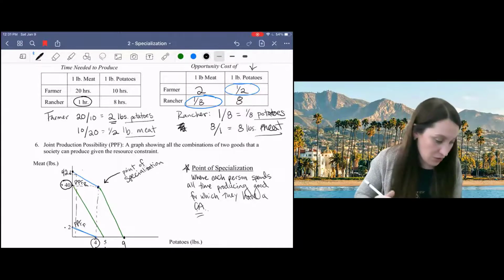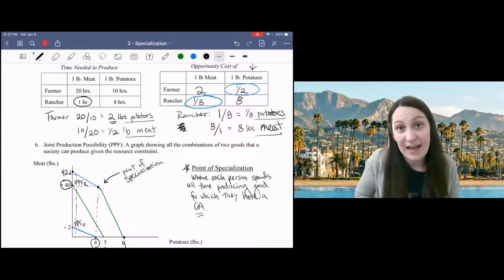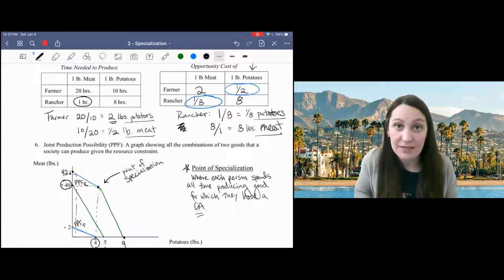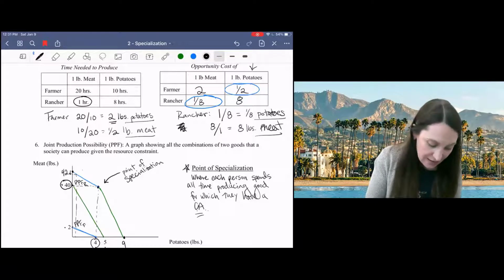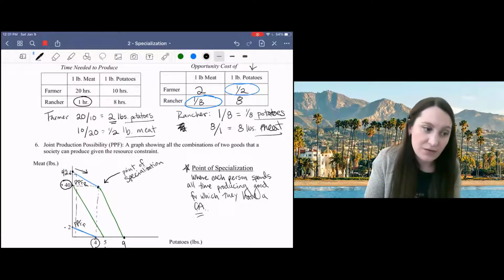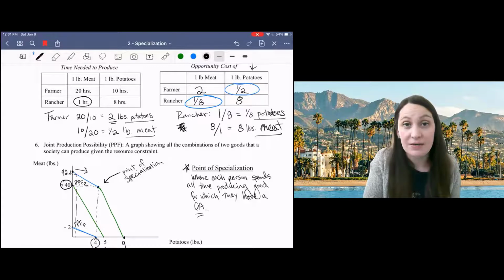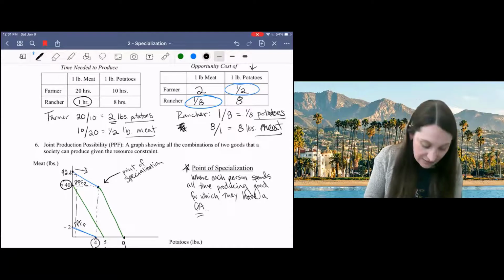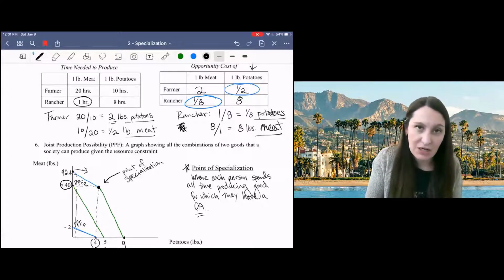All right, so we line up the production possibility frontiers here, basically from the flattest slope to the steepest, because the slope, remember, represents the cost of production. And as we start producing potatoes, we want to do so at the lowest cost. Does that mean the farmer will only produce potatoes and the rancher will only produce meat? No. It does not mean that we are necessarily here at this point of specialization.